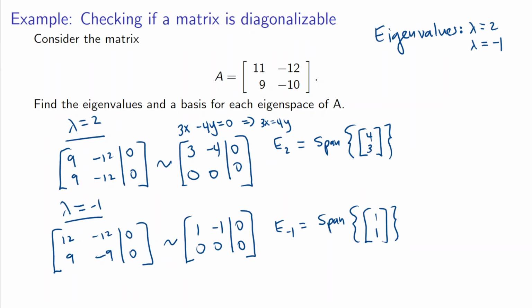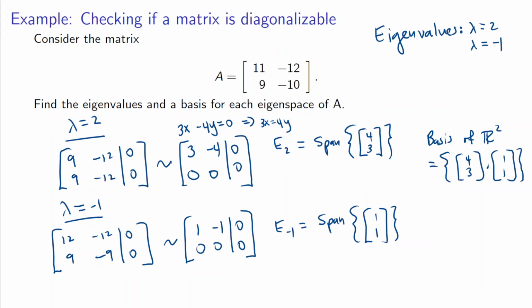The reason we can tell this, and we'll formalize this in a few minutes, is because we can create a basis of R2 consisting of eigenvectors for this matrix. So we could take, for example, 4, 3, and I'll write this over here. So a basis of R2 could consist of just these two vectors, 4, 3, and 1, 1.